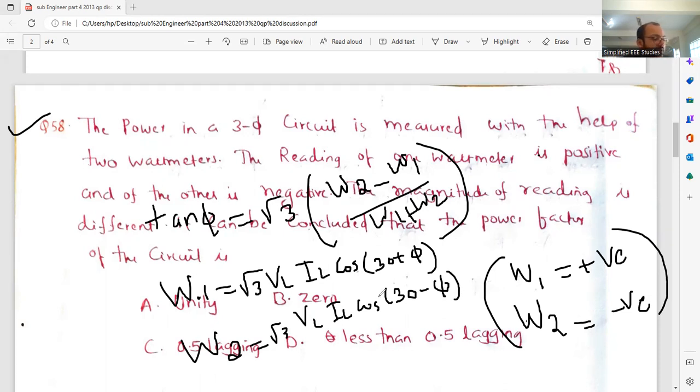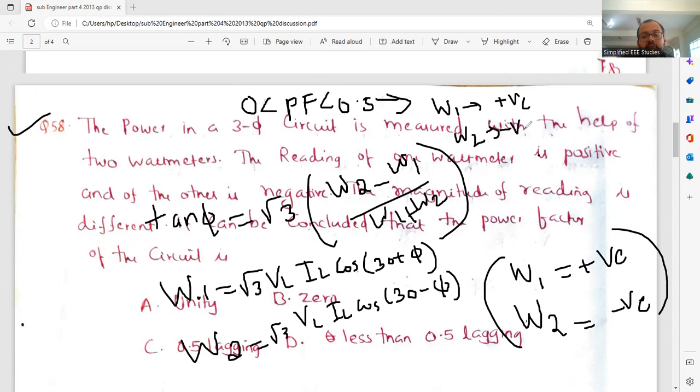So we can have a table. If you want, you can write one table. Suppose the power factor is at 0.5. The condition is W1 will be positive and W2 will be negative.